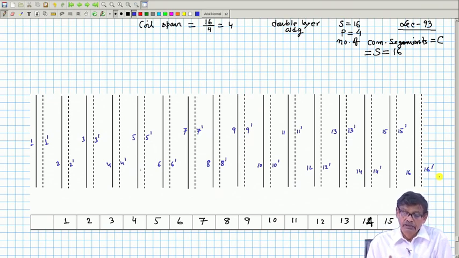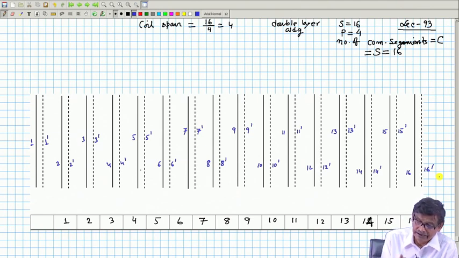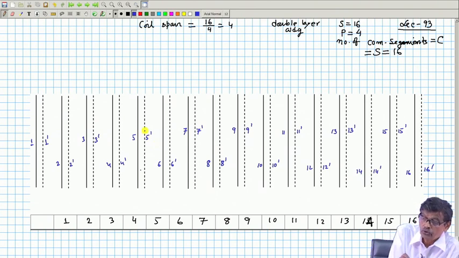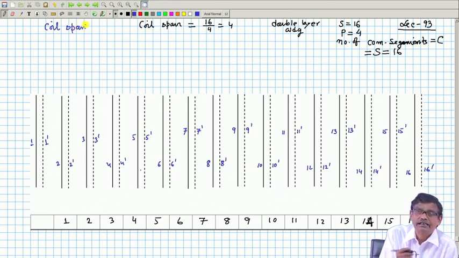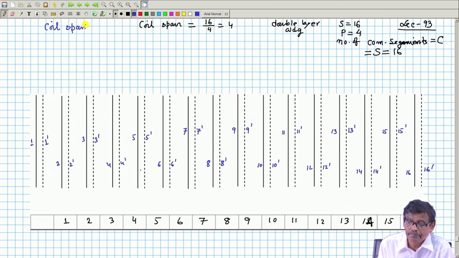Now, where is the first coil? If the first coil is this one, what will be its end? Its end will be on 5. So coil span is the word here. All coils are fortunately identical. If you understand one coil, other coils are the same.